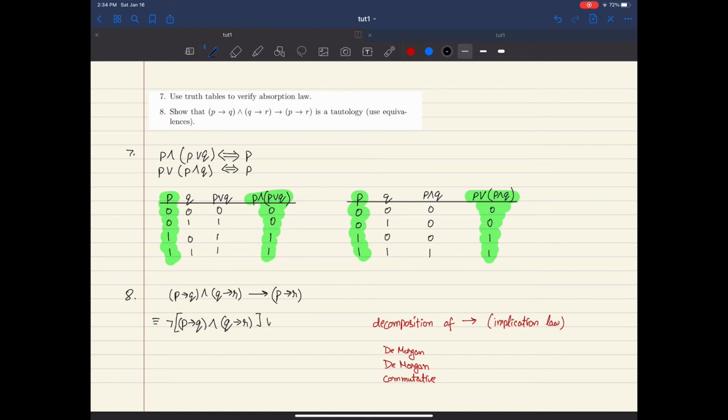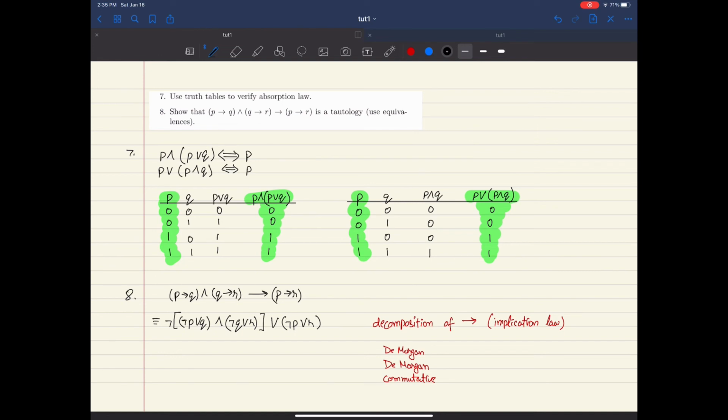A implies B can be written as not A or B. So here we write up all the implications, which is not of (not P or Q), and Q implies R is written as not Q or R, or and P implies R is written as not P or R.